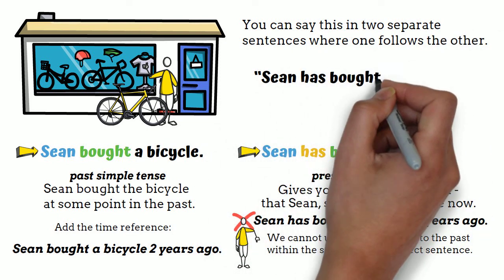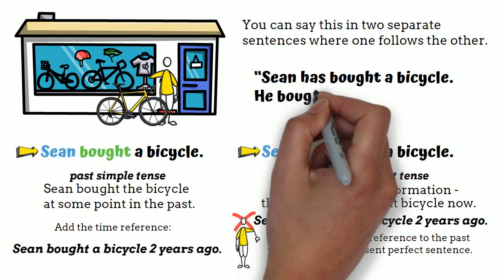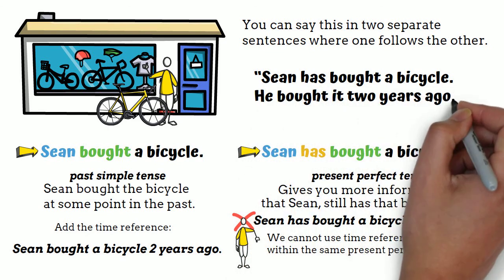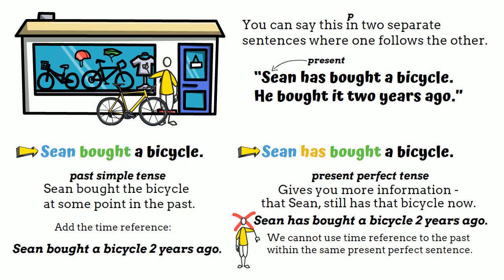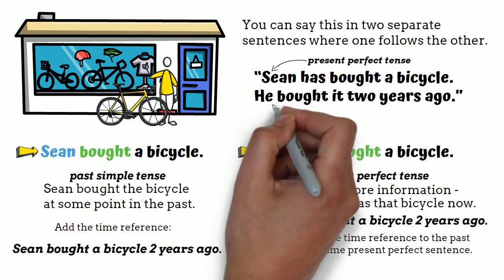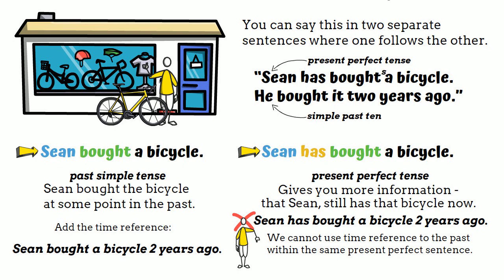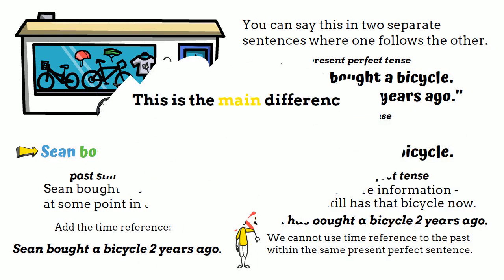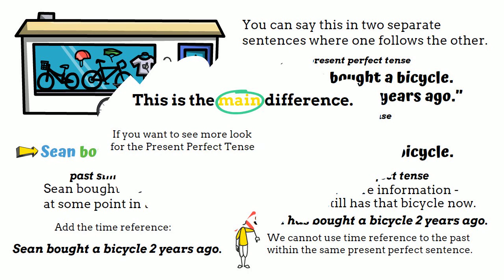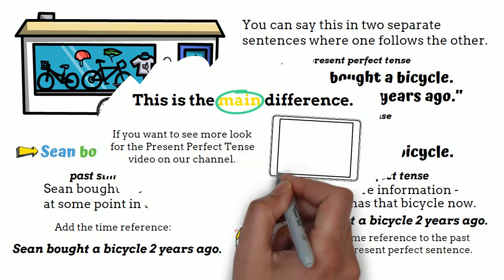Sean has bought a bicycle. He bought it 2 years ago. Here, the first sentence is a present perfect sentence, and the second is a simple past tense. This is the main difference. If you want to see more, look for the present perfect tense video on our channel.